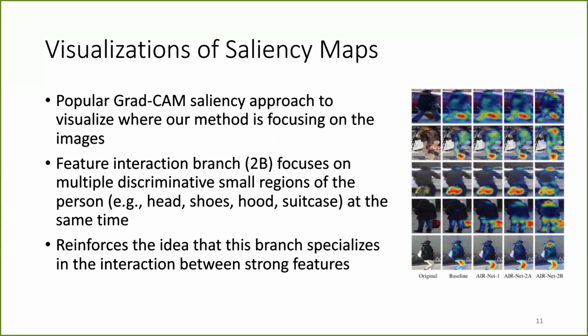In the case of the fourth row, for example, you can see it focuses on the head, the shoe, the bag, and the jeans. And so this reinforces the idea that the interaction feature representation focuses on the interaction between strong features, and that this is useful for discriminating between identities.